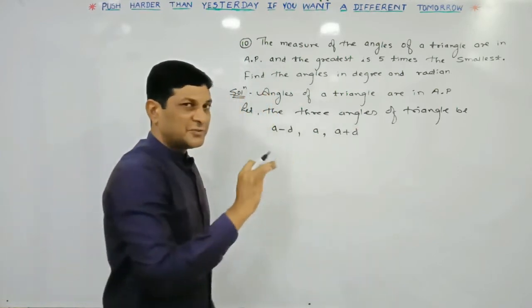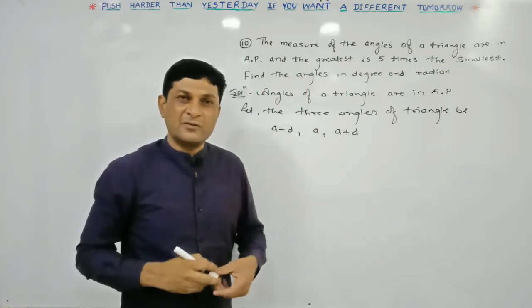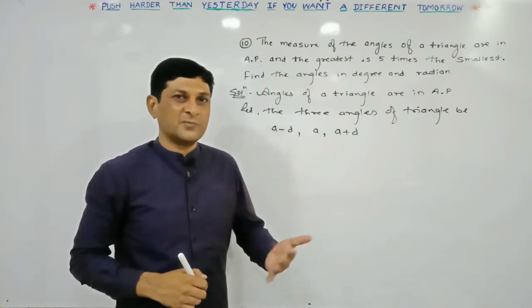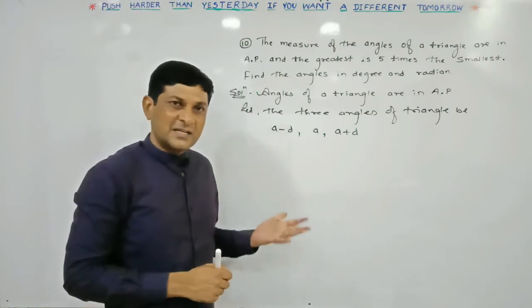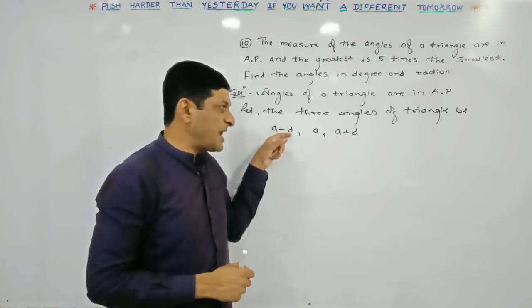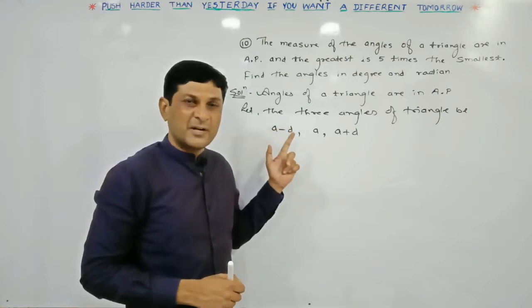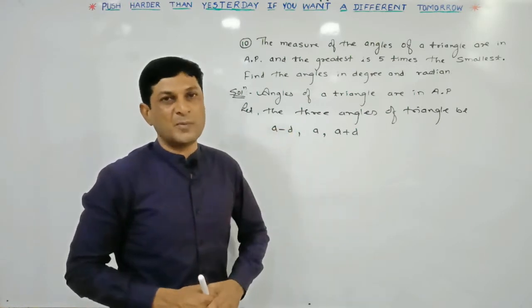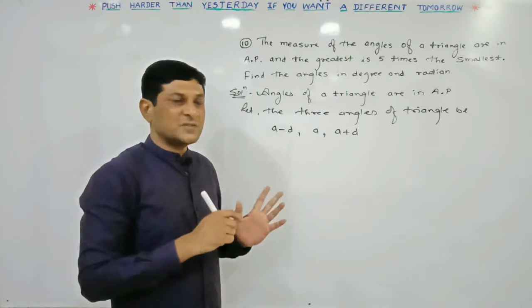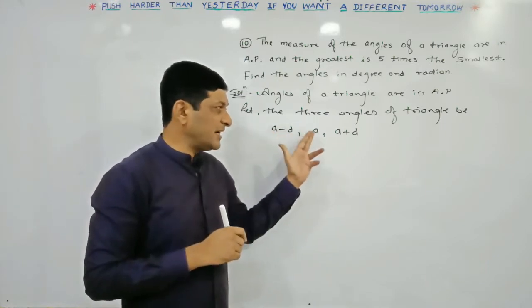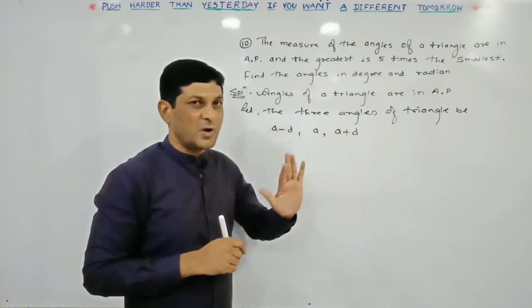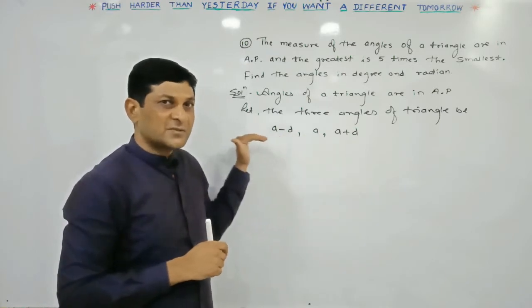So we know that whenever the question is related with 3 terms in arithmetic progression, at that time we denote these 3 terms by a minus d, a and what? A plus d, where a is the first term in the arithmetic progression and d is nothing but the common difference. Now our first angle is what? A minus d, the second angle is a, and the third angle is what? A plus d.